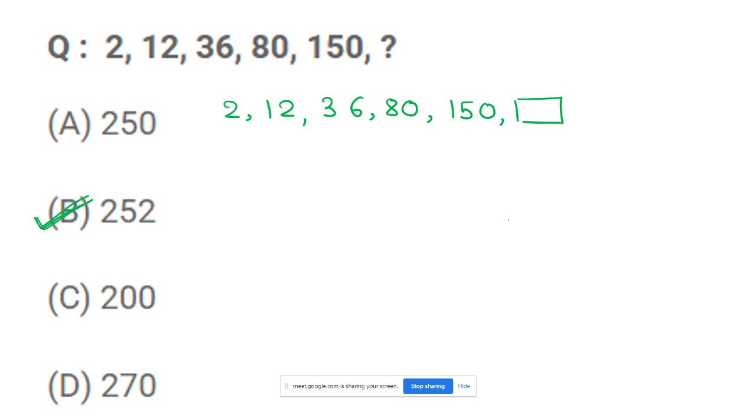Yes, anyone getting some pattern in these numbers? Just think about it.